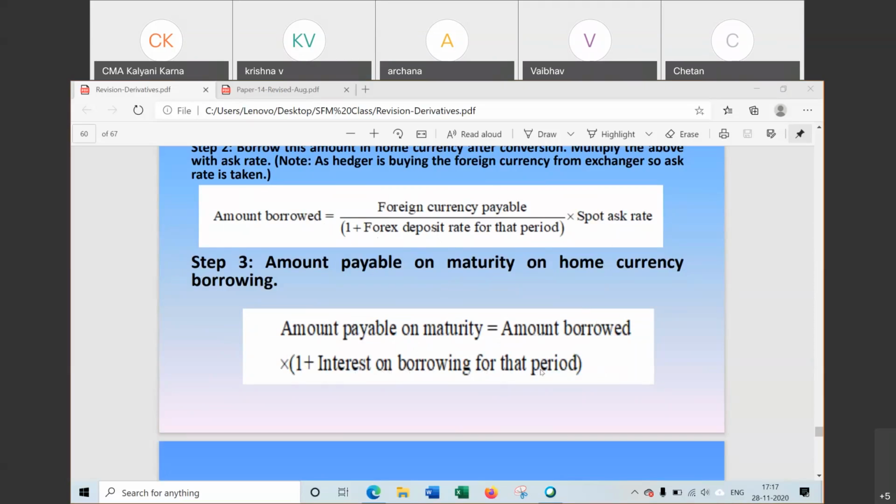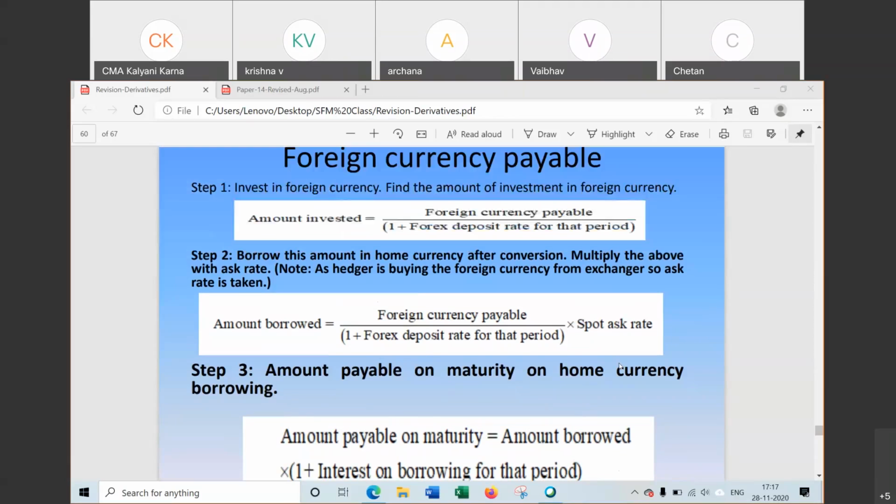If it is borrowed for 3 months, interest will be taken for 3 months. You can also do a simple computation: amount borrowed plus whatever interest you calculate on it. So this is amount payable on maturity along with interest.